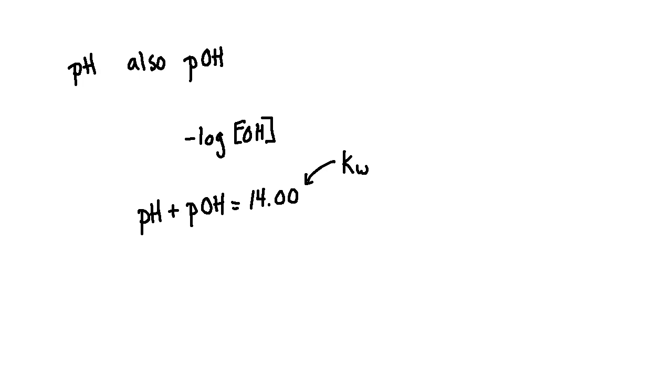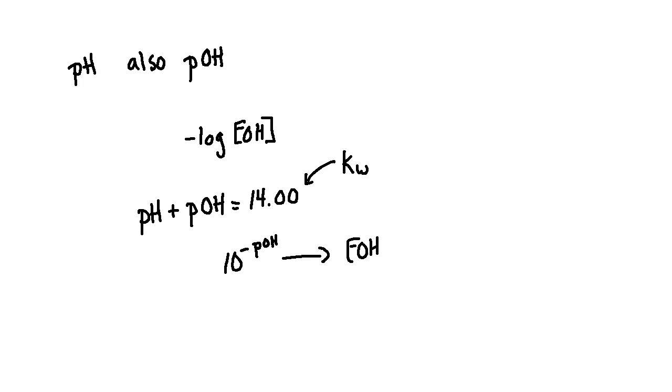So you can put pH and pOH together, and what's useful about this is if you only have access to, let's say, the H plus concentration, but you have a question about the hydroxide concentration, if you can find the pH, then you could find the pOH, which means that you could then access the hydroxide concentration, because then you could also take 10 to the negative pOH, and that is going to give you your hydroxide concentration.